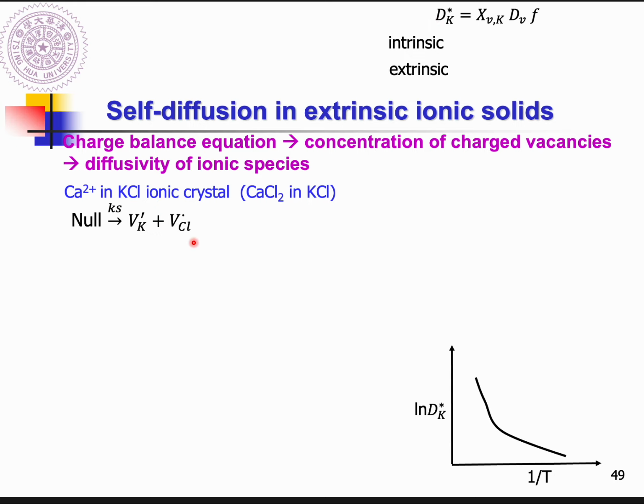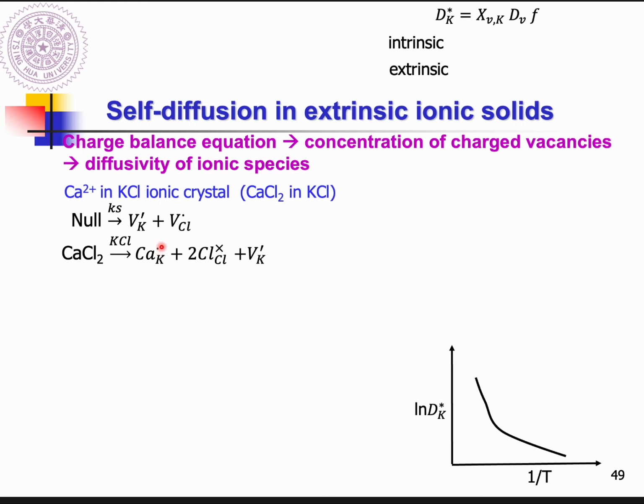First of all, we need to assume there's a Schottky defect forming inside this potassium chloride, and I try to dope calcium chloride into it. So the calcium with 2 positive charge will try to occupy the V_K, the vacancy at the potassium side. But the calcium has 2 positive charge, right? And this V_K only has 1 negative charge. So you get 2 minus 1, so you got 1 extra positive charge here.